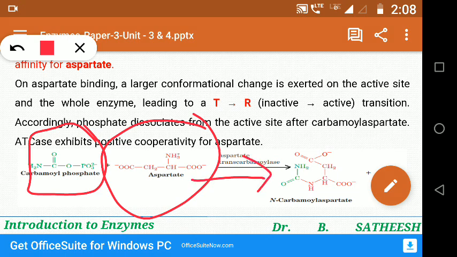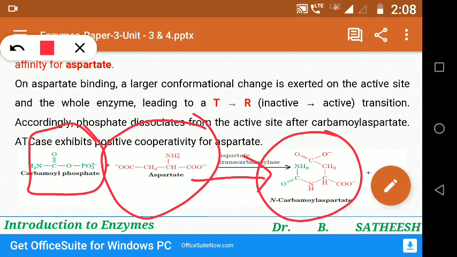It binds these two substrates and combines them to form N-carbamyl aspartate. This is the product of this ATCase enzyme. The enzyme is the first enzyme involved in pyrimidine biosynthesis, and CTP is the end product of pyrimidine biosynthesis.